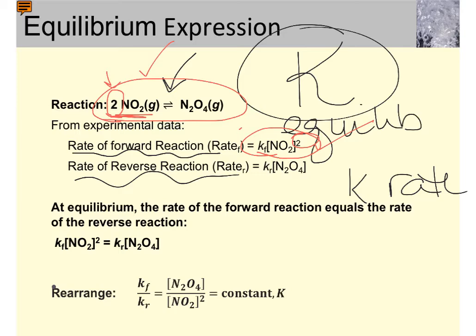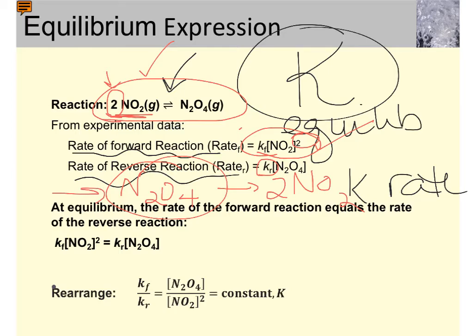Now, the reverse reaction, which would be the product N2O4 going to 2NO2, the rate expression for that reverse reaction is some rate constant times the concentration of the reactant, which in the reverse reaction is N2O4.